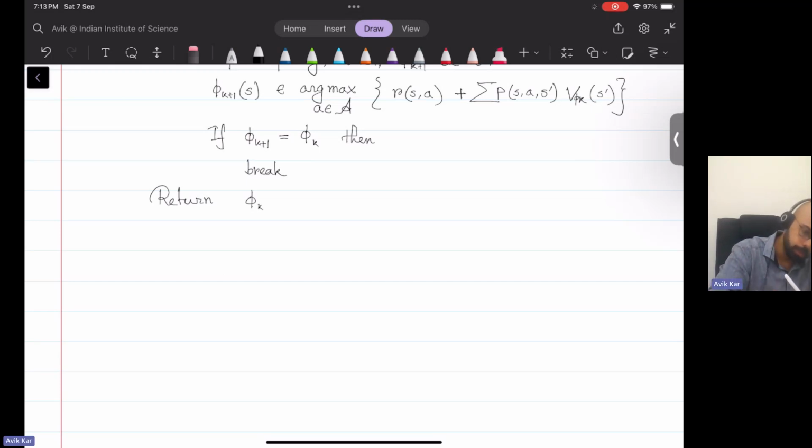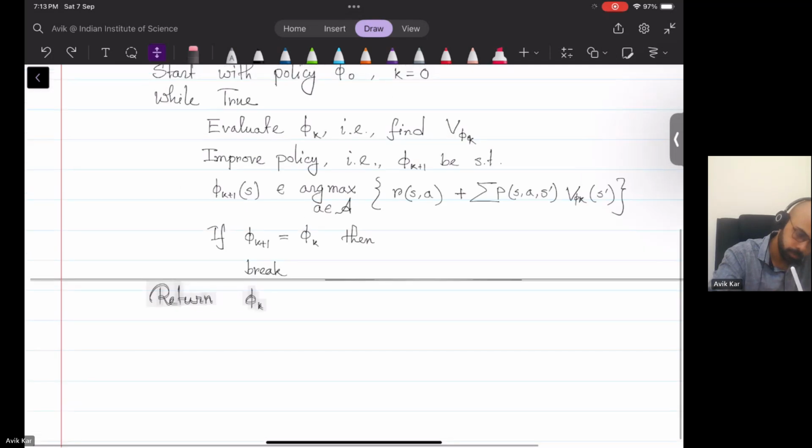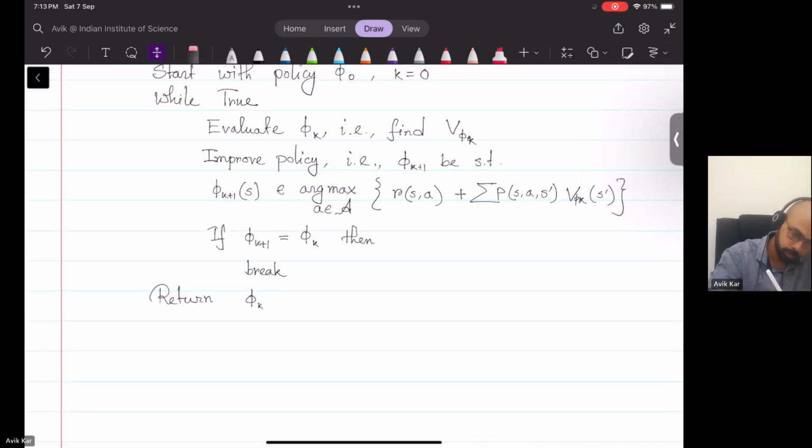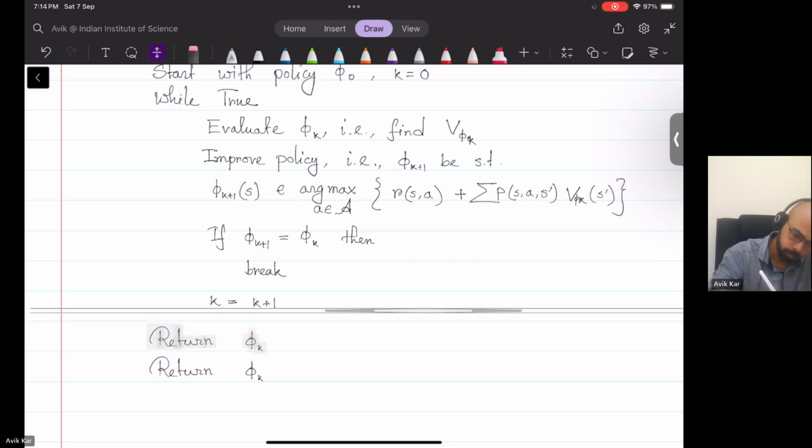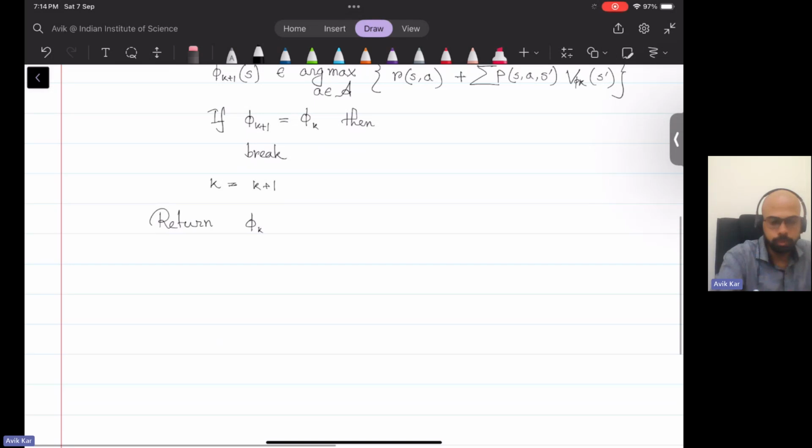Otherwise, go to another step, that is k equals k plus 1. That's the algorithm. Now let us shift to the coding part.